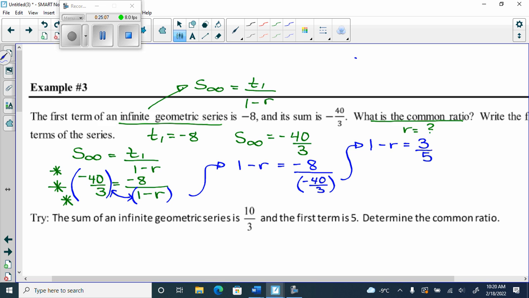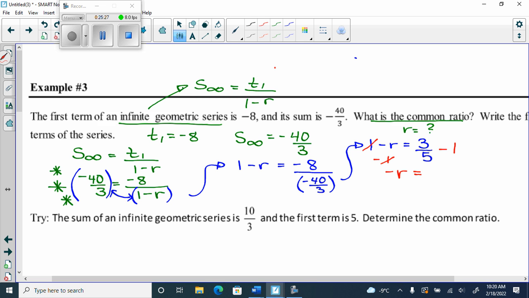Now we have to get R by itself. What are we going to do? Minus the 1. Now I have negative R equals, and what's 3/5 minus 1?